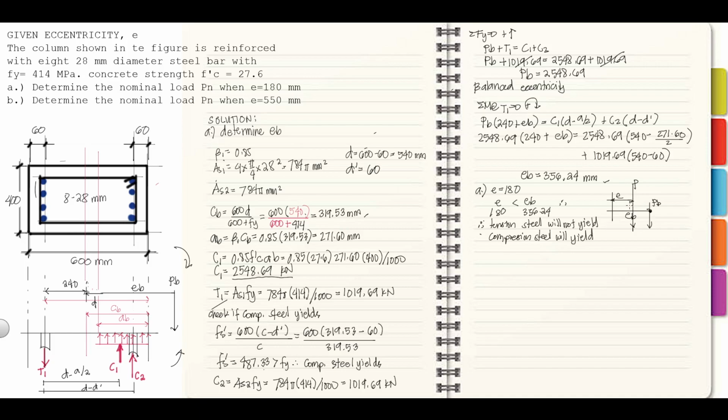Alright? Diba? This is compression control. So, therefore, we assume it is, okay, the compression steel will yield. Okay? But, of course, we need to check it later. Okay? Kung talagang mag-yield siya. Okay? But for now, okay, we stick to these assumptions. Okay? So, tension steel will not yield and compression steel will yield.